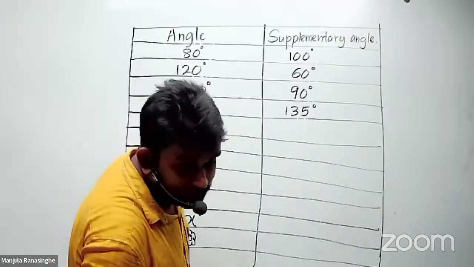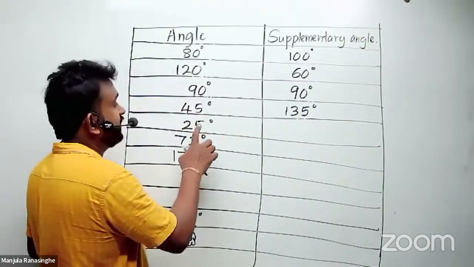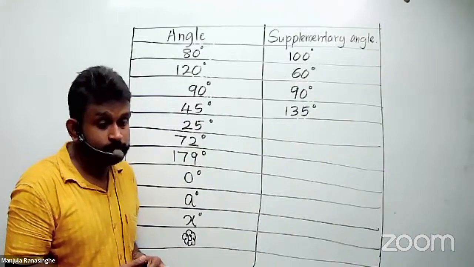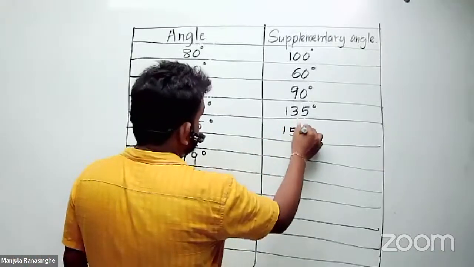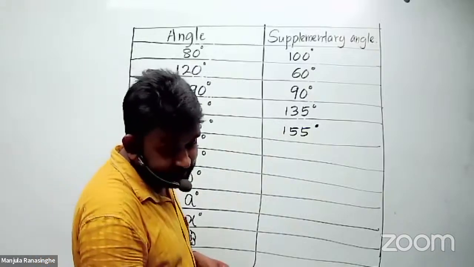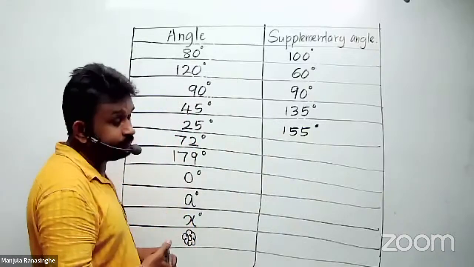Tell everyone. Right. Subhati, tell me what is the answer for this one? 25. What is the supplementary? 155 degrees. Oh, yes, very good. 155 degrees. Then 72. Right. Negan, can you tell me? 108 degrees.